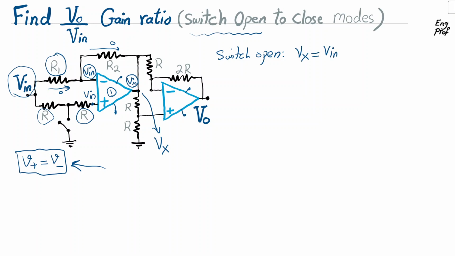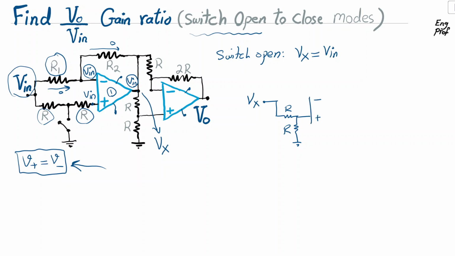Okay, so the circuit now is simplified to this situation that we have for the second op amp. Basically, we have Vx at the input of the second op amp, and then we have R, then we have R, and then it goes to the positive input terminal of the second op amp.